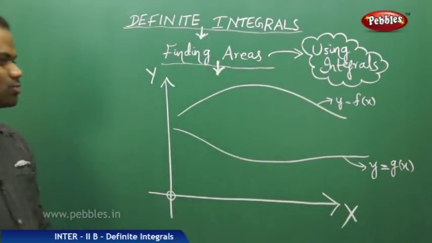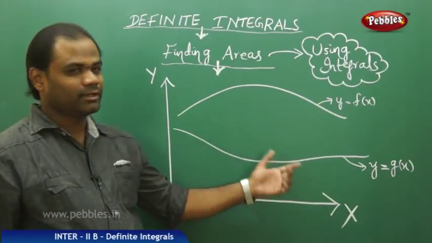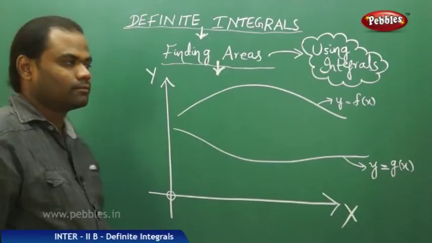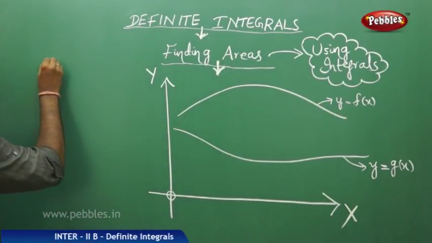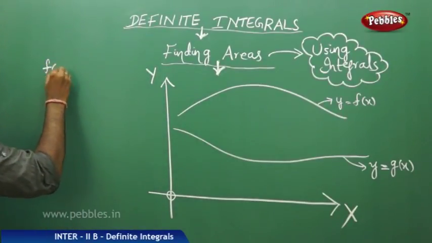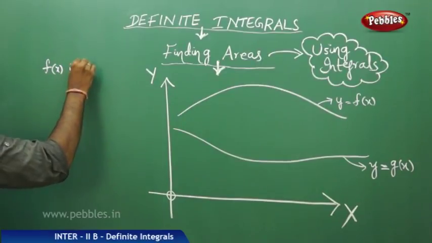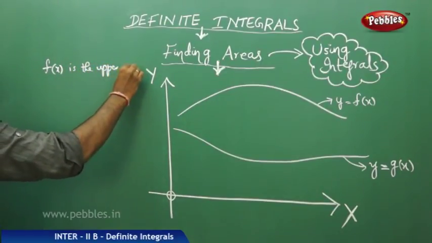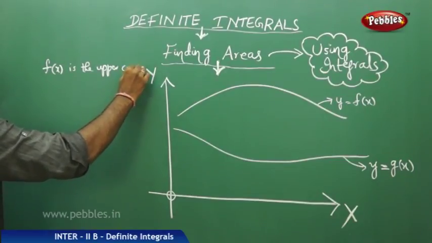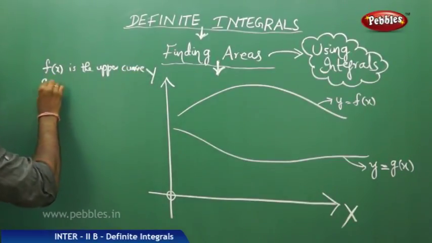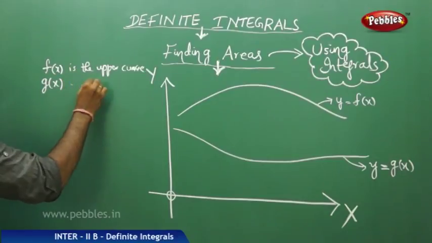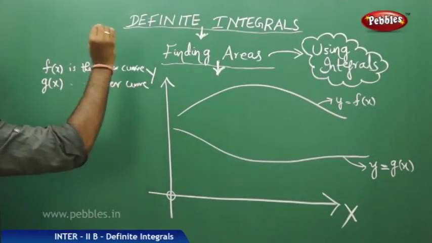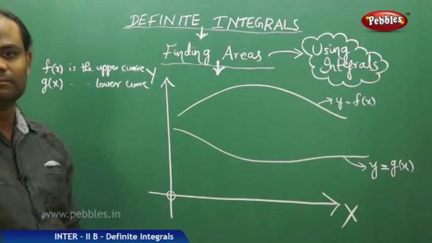Now as I see these two curves, I clearly see that f of x is the upper curve and g of x is the curve which is below. So we say that f of x is the upper curve and g of x is the lower curve.